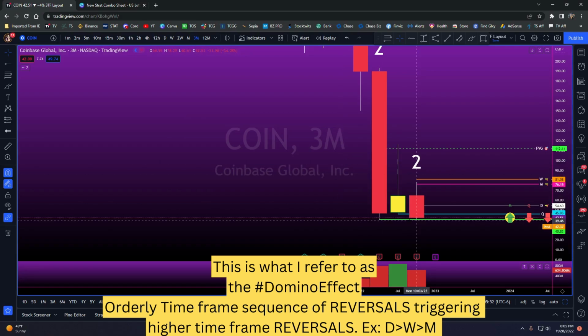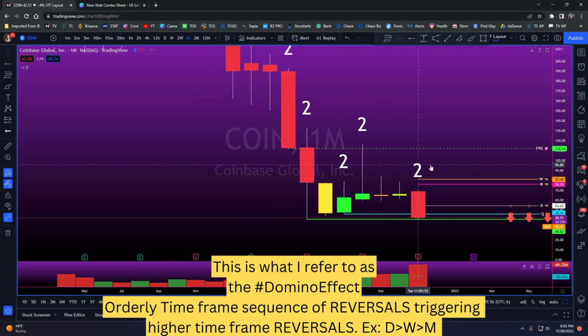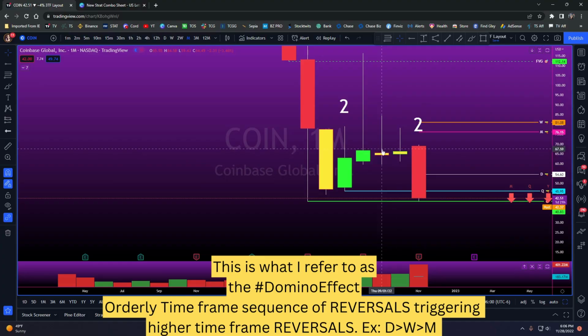Okay, so then go down to a monthly time frame. What do you see? We had double inside months. This was a trade we actually took. Is this a bearish actionable signal if we get a 2 down? Yes, it is. This is multiple inside bars, but it's still treated basically as an inside bar break.